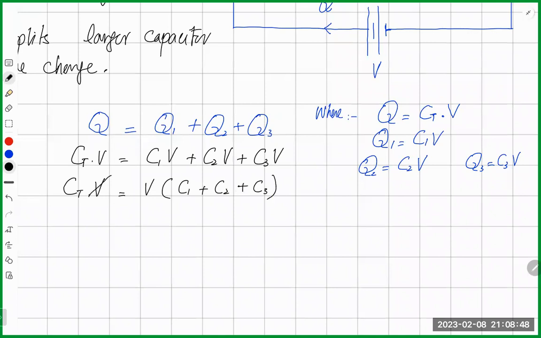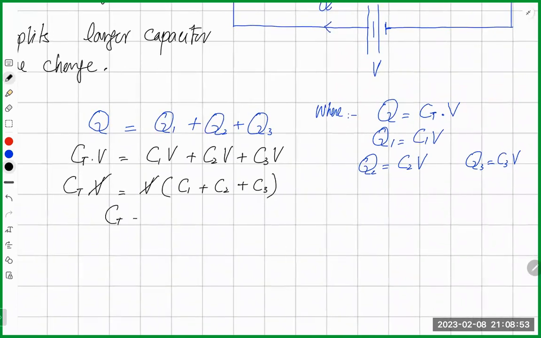There is V on both sides, so I can cancel them, making total capacitance equal to C1 plus C2 plus C3. So if we connect capacitors in series, we have to add the reciprocals to get the reciprocal of total effective capacitance. But if we connect capacitors in parallel, simply add the capacitances of each capacitor connected in parallel. This is the total effective capacitance of all the capacitors connected in parallel.